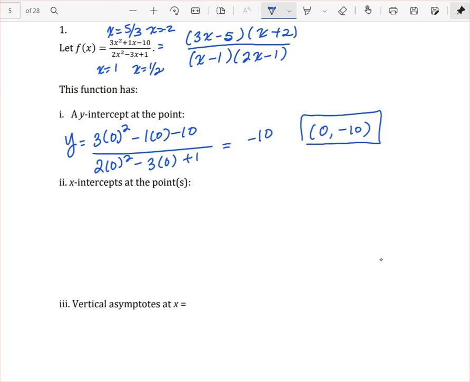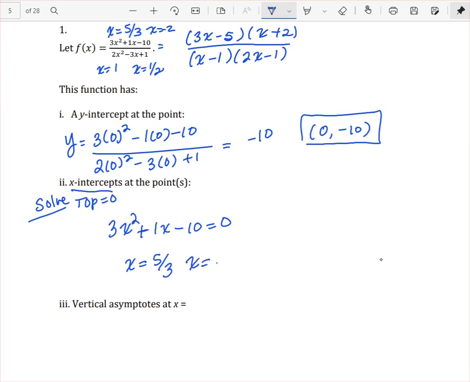The x-intercepts are the points from the quadratic, but just on the top. And we did it up there, so we know it's 5/3 and -2. So the x-intercepts would be 5/3, -2.